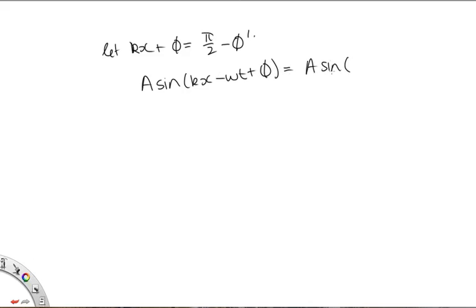Now kx plus phi becomes pi on 2 minus omega t minus phi dash. And now this is pi on 2, or 90 degrees. So we've got 90 degrees minus some angle. So we can replace this with a cos function. So this is A cos omega t plus phi dash. And so that is our equation for simple harmonic motion. So we've shown that the particle at x is undergoing simple harmonic motion with amplitude A.